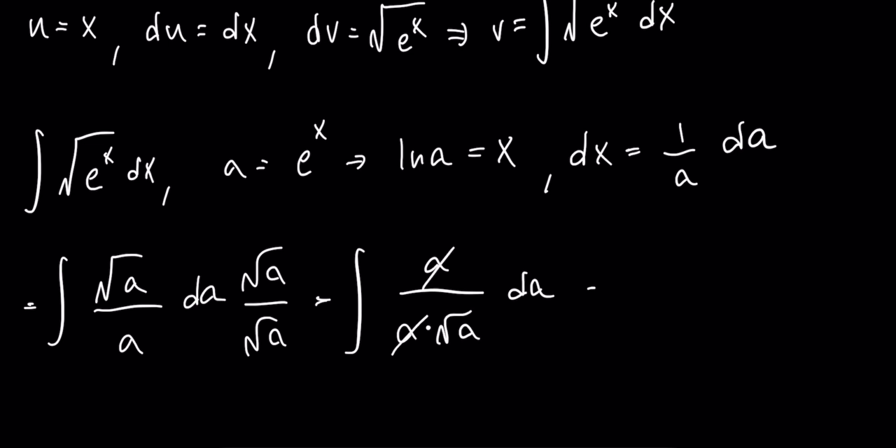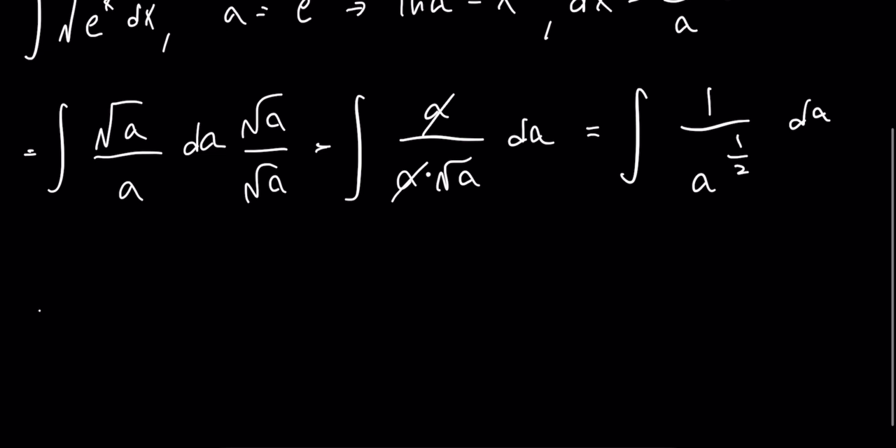The a's will cancel, and we're left with the integral of 1 over a to the 1/2 power dA, or the integral of a to the minus 1/2 power dA. So we have to evaluate this integral.